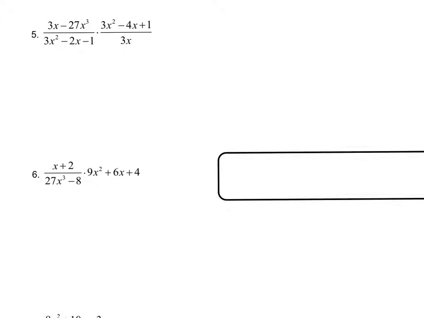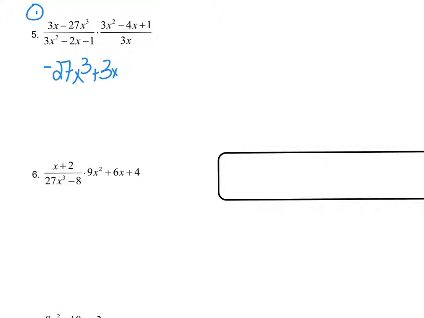Okay. So first example is we're going to be multiplying. Now these multiplication problems involve a little bit more factoring. So let's go ahead and take a look at this first one. Okay. Notice that it's not in descending order. Remember that descending order is the highest exponent to the lowest exponent. So I'm going to go ahead and do that first. Okay.